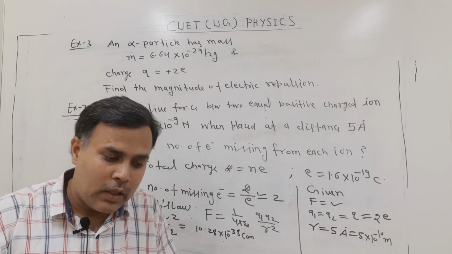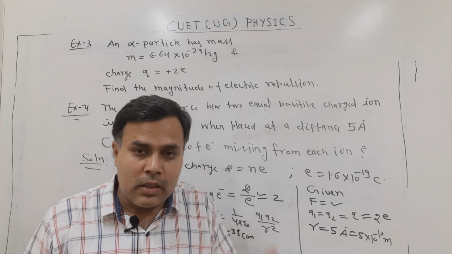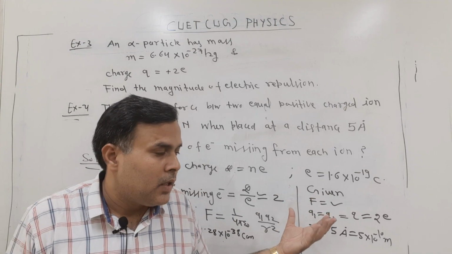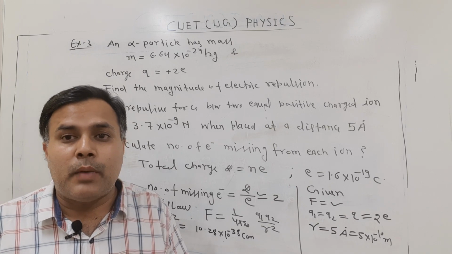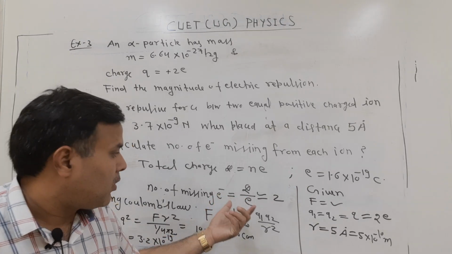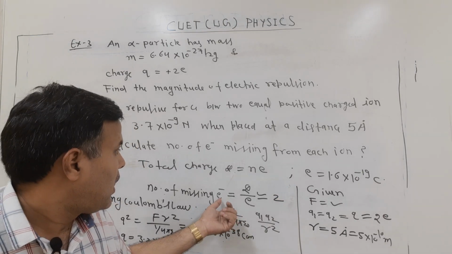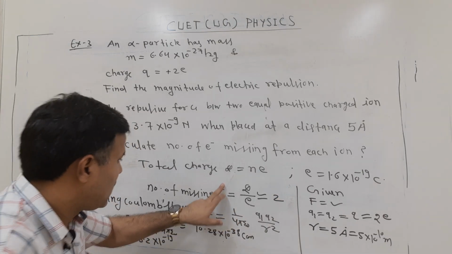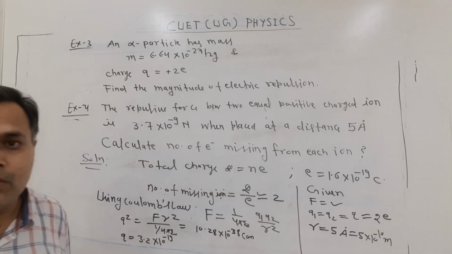In some situations we are given the magnitude of force and distance, and with the help of these we can find the charge. Once we know the charge, we can find the missing electrons. So the number of missing ions, not electrons, in this case is 2. Thank you.